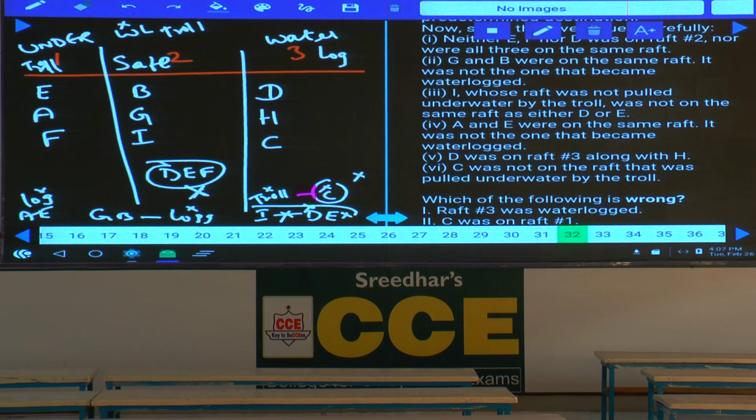32 to 35. Then question numbers 36 to 40.